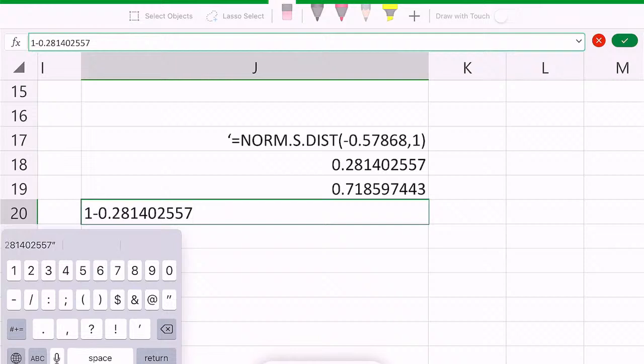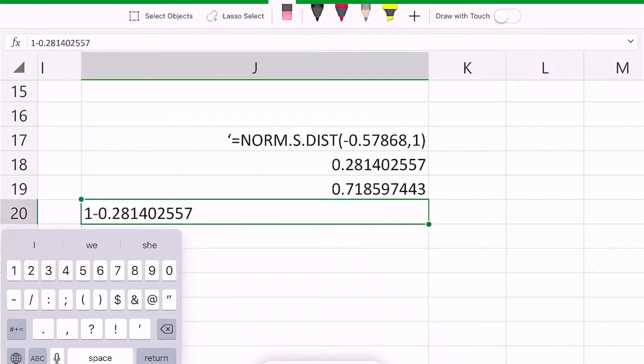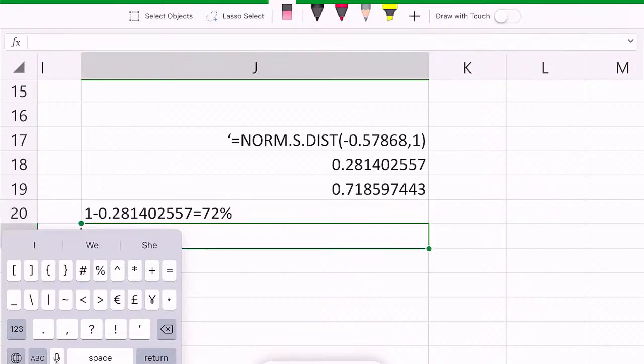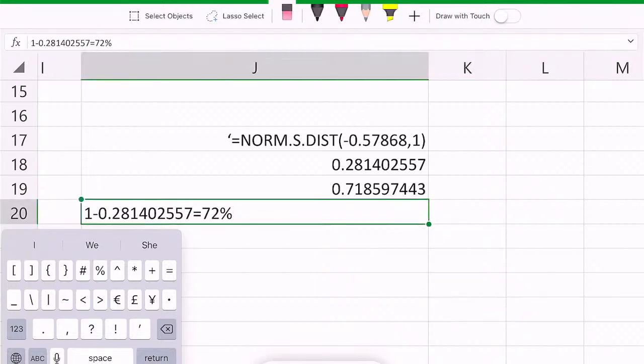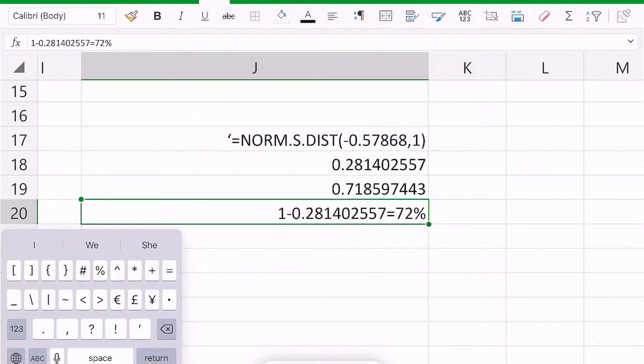I don't have to have that many decimal places. Okay, so 72%.